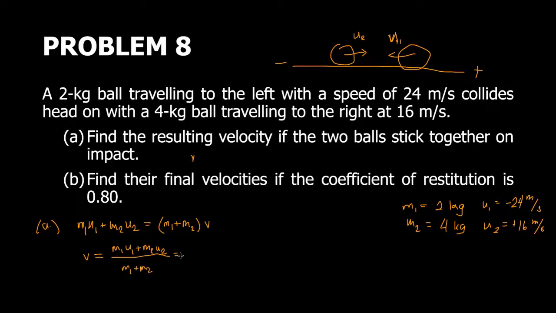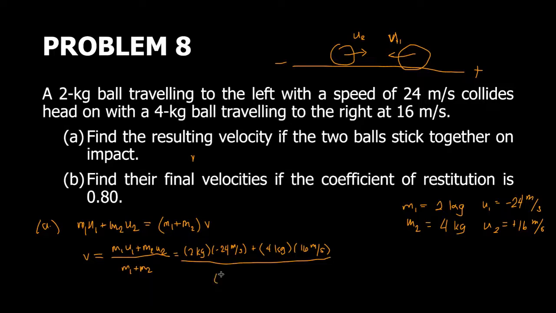Substituting the values, we have m sub 1 equals 2 kilograms, u sub 1 negative 24 meters per second, plus m sub 2, which is 4 kilograms, times yung u sub 2, which is positive 16 meters per second. That's divided by, ano yung m sub 1 natin?